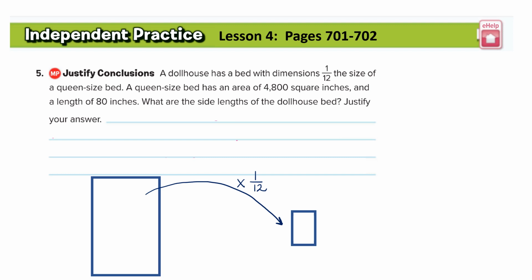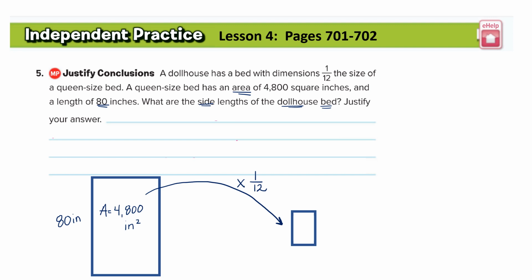A queen-size bed has an area of 4,800 inches squared. The length is 80 inches. What are the side lengths of the dollhouse bed? Now this is going to take us some calculations, all right?